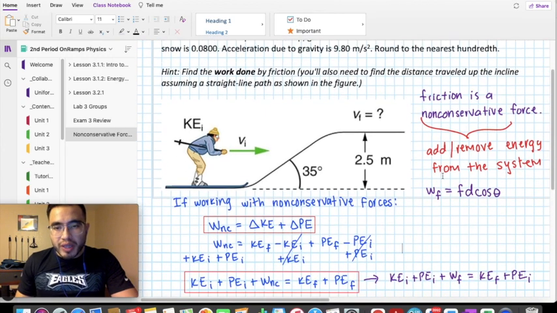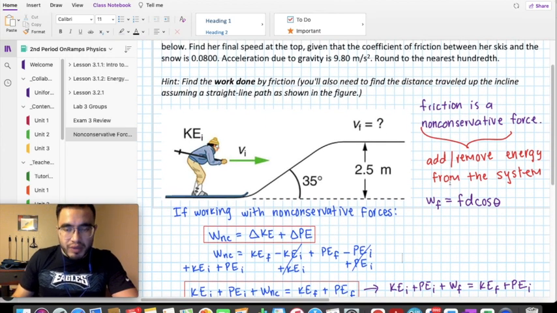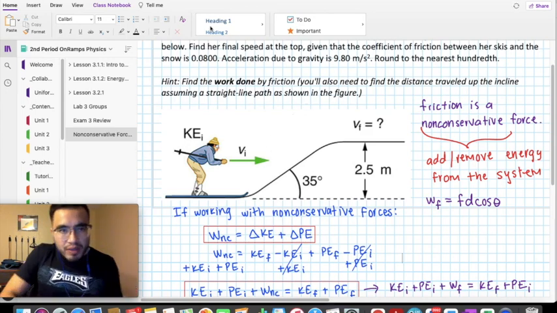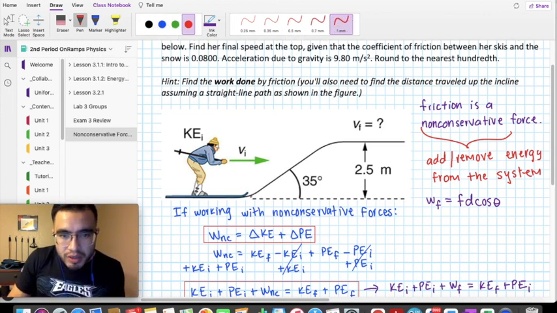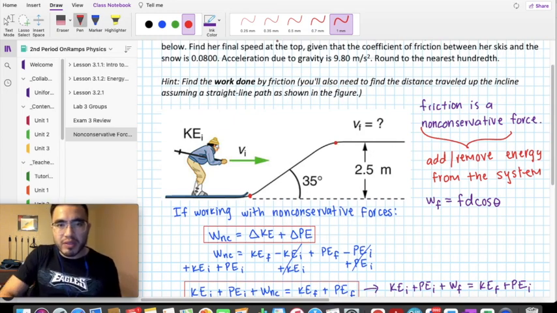To get the work done, we need to find the force of friction and also the distance. So how do we find the distance? It says distance traveled up the incline, assuming a straight line path. So we're going to take this as our initial point, and this is going to be our final point, where the height is 2.5 meters.